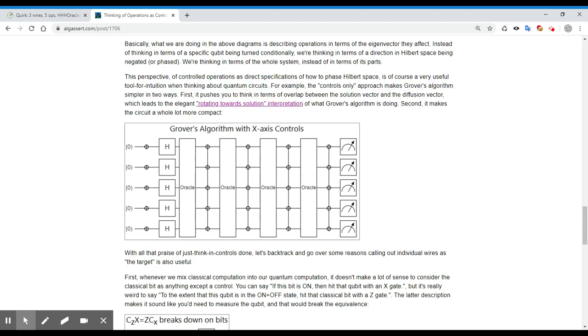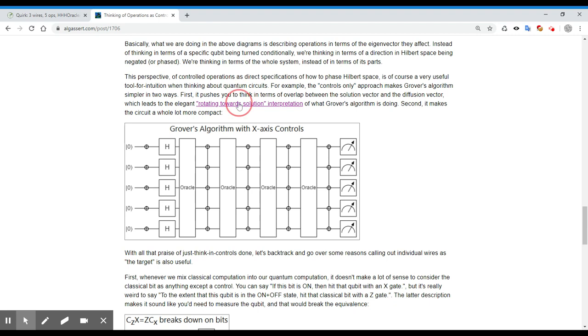For example, the controls-only approach makes Grover's algorithm simpler in two ways. First, it pushes you to think in terms of the overlap between the solution vector and the diffusion vector, which leads to the elegant rotating-towards-the-solution interpretation of what Grover's algorithm is doing.